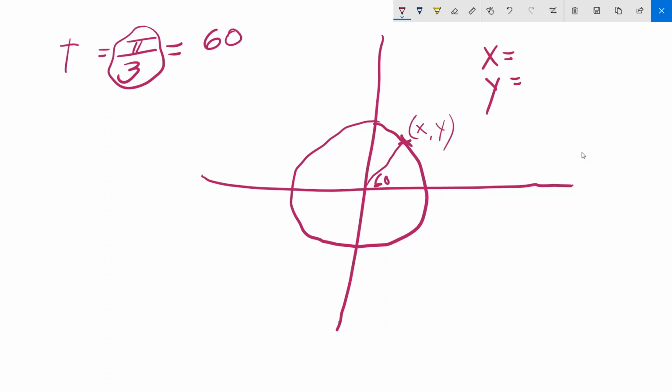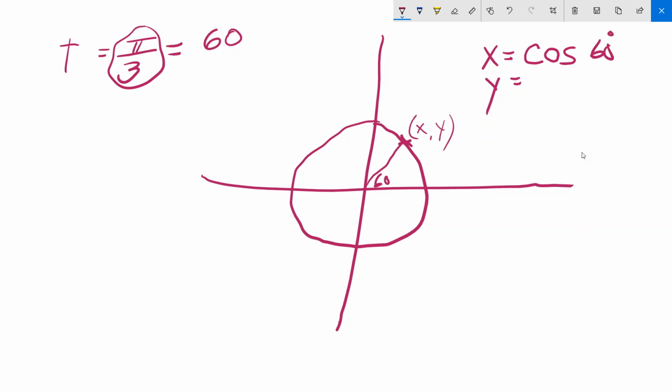What is it? X is what? This is on that page that I gave you to memorize. Okay, so X is what? No, X is the cosine of that angle.